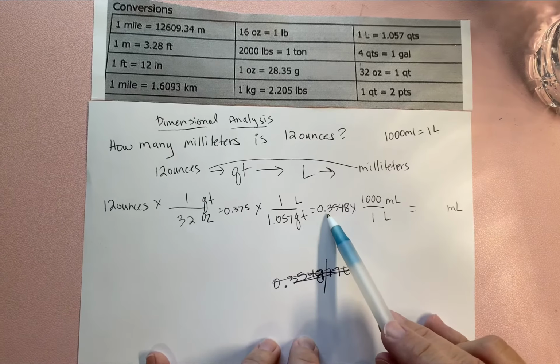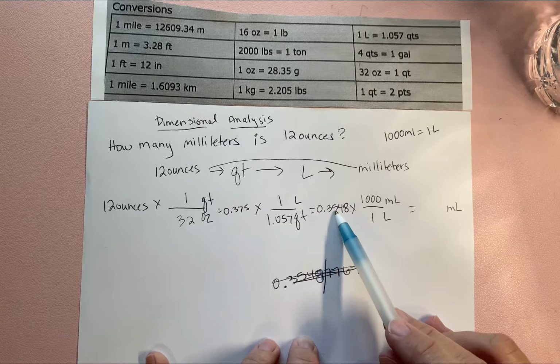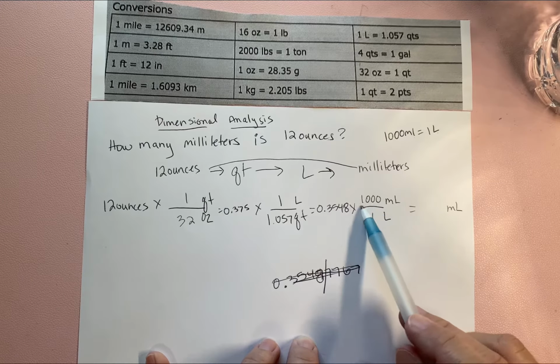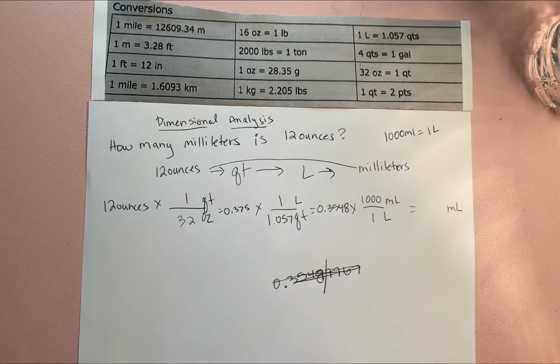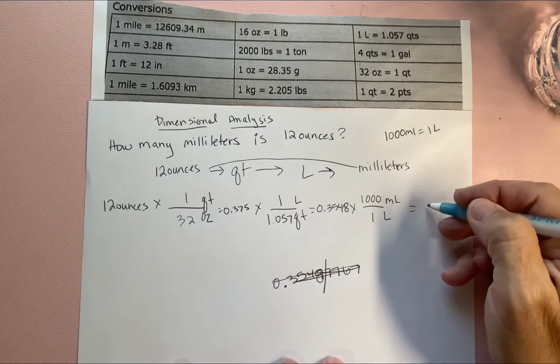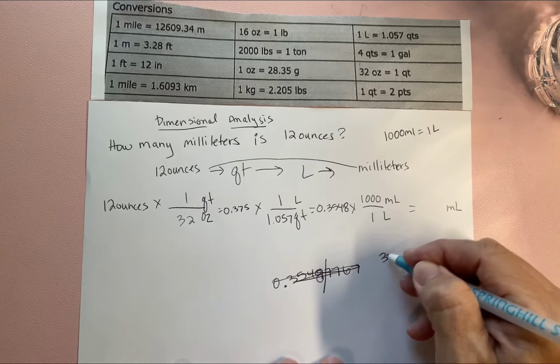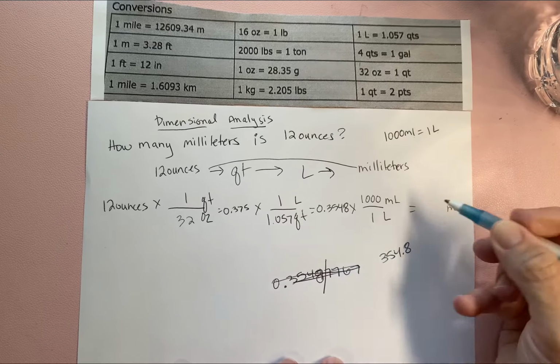Okay, so we're going to multiply 0.3548 times 1,000. And we get 354.8.